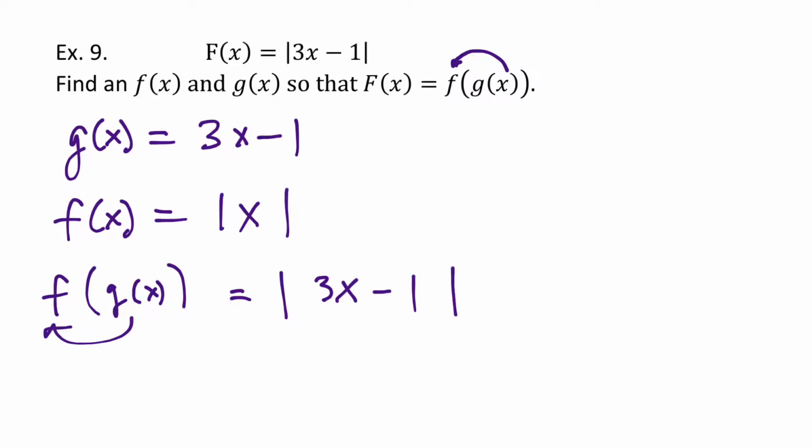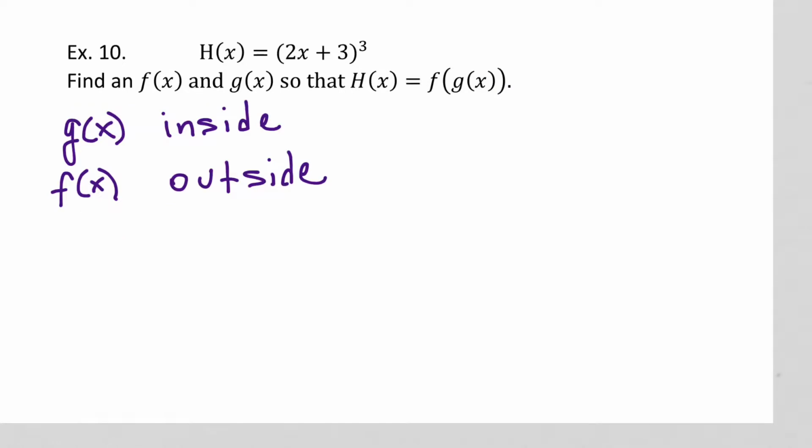We've created big F of x, which is equal to the composition of f of g of x. So we've determined that g of x must be 3x minus 1, the inside part, and f of x must be the absolute value of x, the outside part. And then this replaces x to get big F of x.